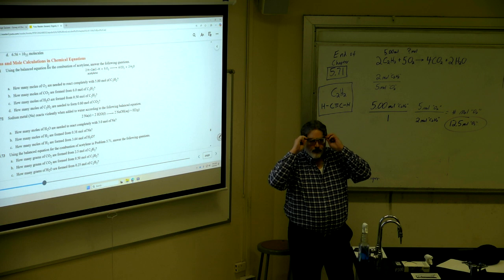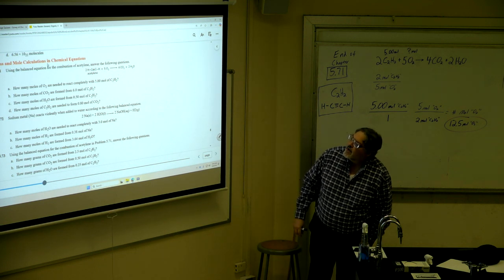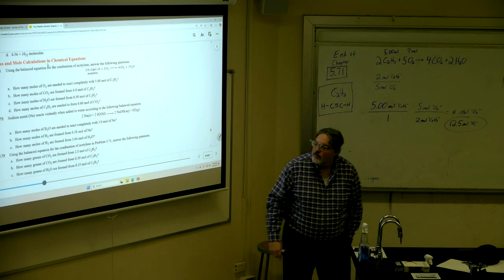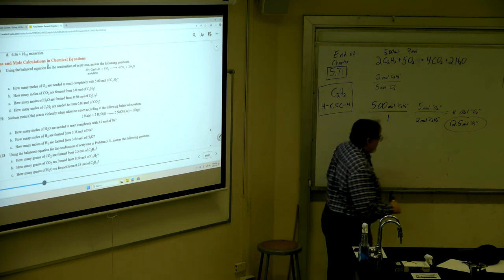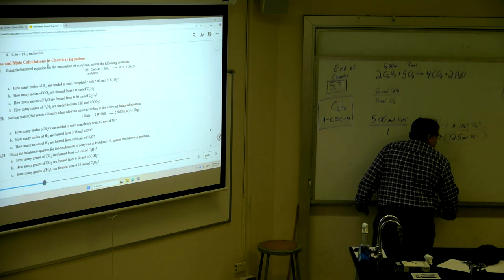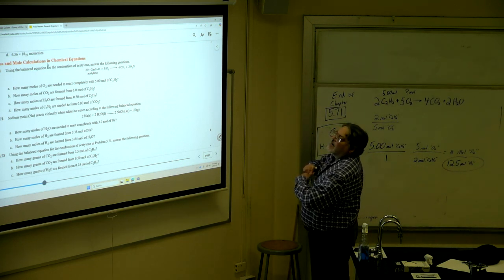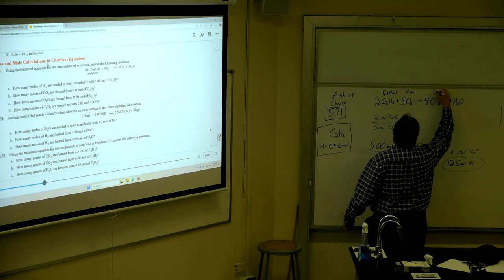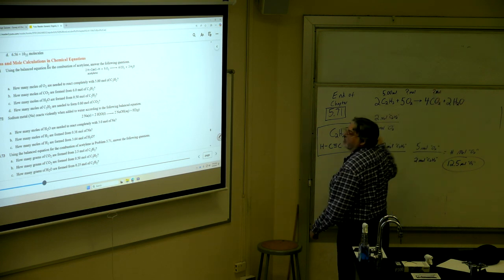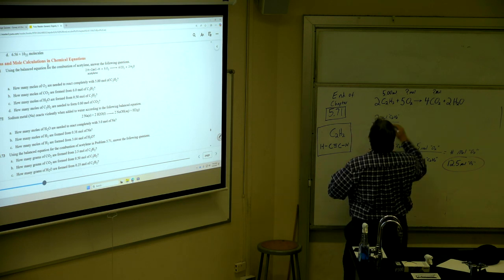Simple, right? How many moles of CO2 form from 6.0 moles? Okay, so for B, we're being told how many moles of CO2, so this was the question, how many moles of CO2 form from 6.0 moles.